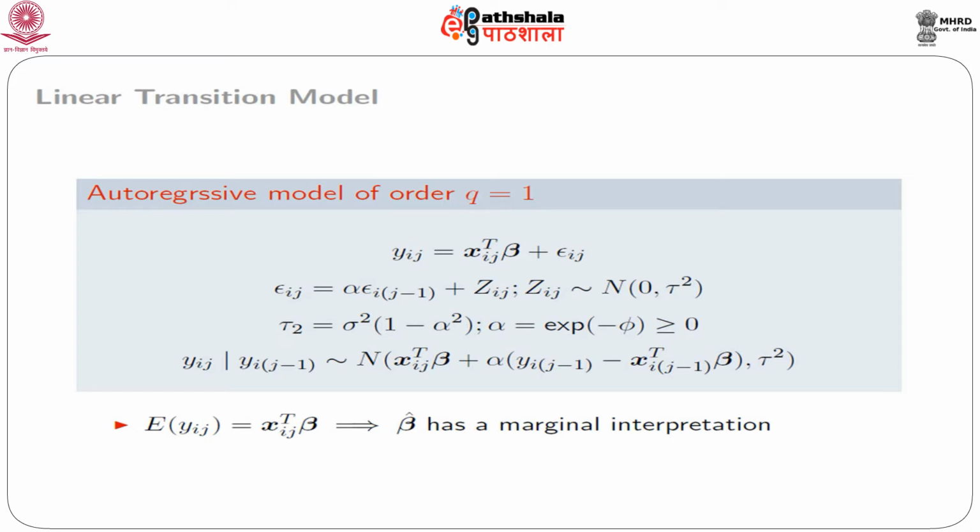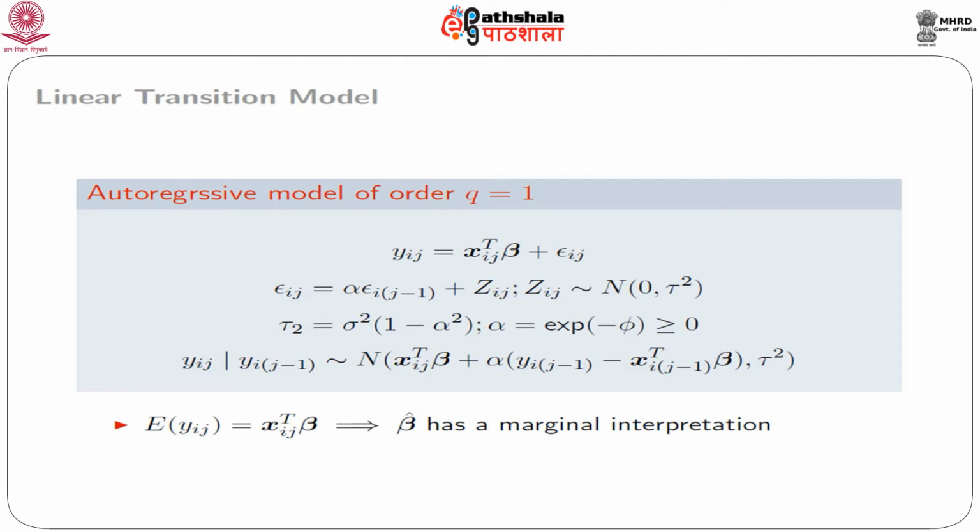So here we are seeing that the jth observation is dependent on the (j-1)th observation, and the variance of this conditional distribution is tau square. So we can safely say that y_i,j-1 is a predictor of y_ij, and the marginal covariance structure in this case, covariance of y_ij, y_ik, comes out to be alpha to the power of the absolute difference of j minus k, into sigma square, and this is nothing but an AR1 structure.